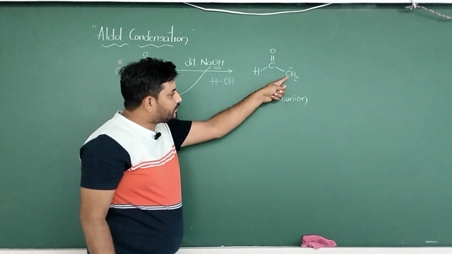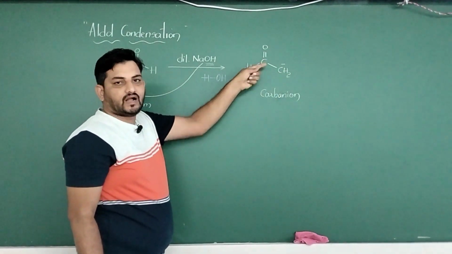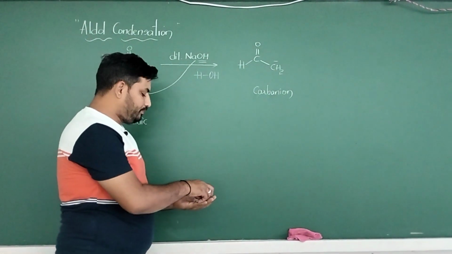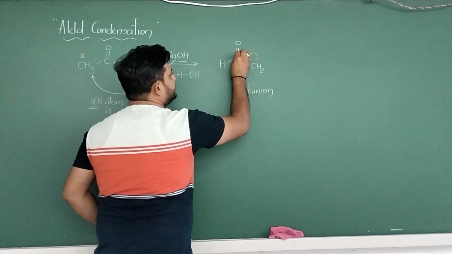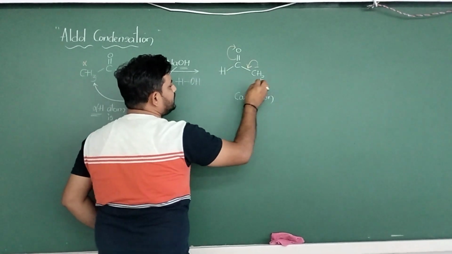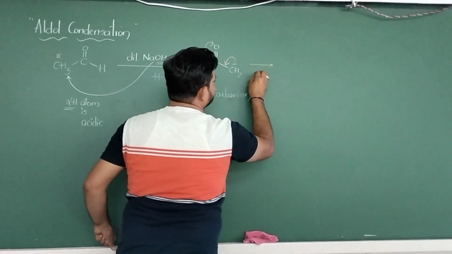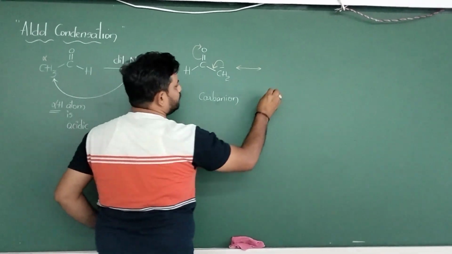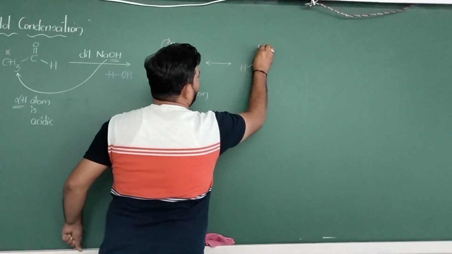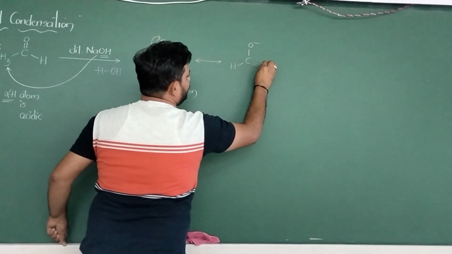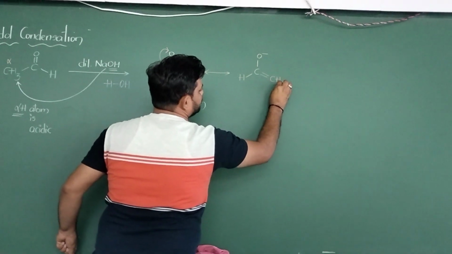Now because this carbanion is in turn connected with the carbonyl group, there is an ample possibility that it may undergo delocalization to provide a resonating structure. If you observe the resonating structure, it is H, C, single bond O minus, double bond CH2.